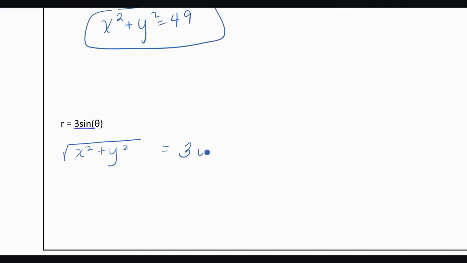So this would be y over r. And now for r here, we can also put in the square root of x squared plus y squared.